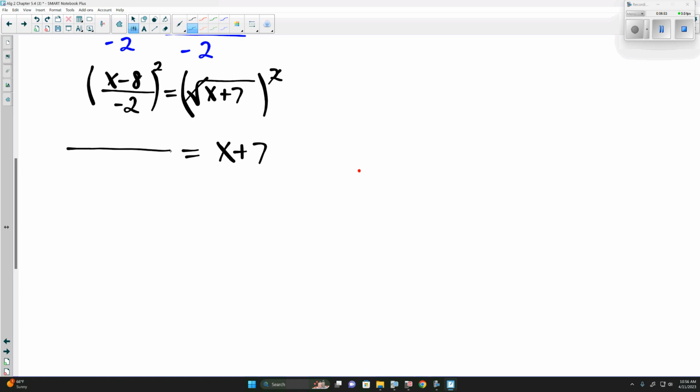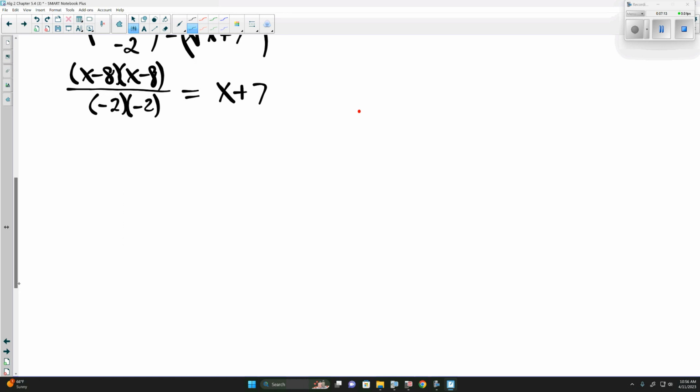On the other side, x minus 8 divided by negative 2, squared, is being multiplied by itself. The numerator, x minus 8, is multiplied by x minus 8, and in the denominator we have negative 2 times negative 2.